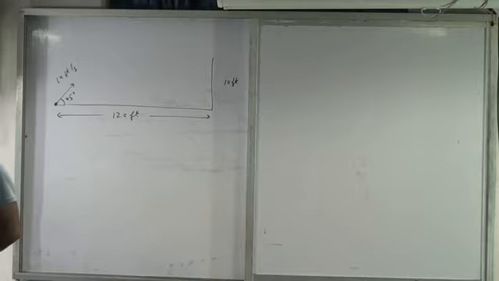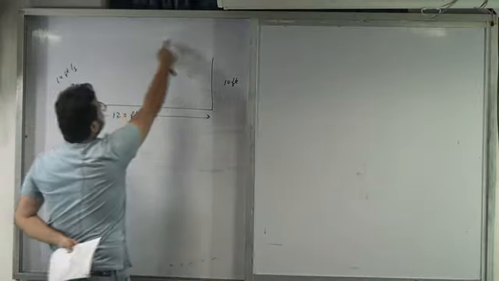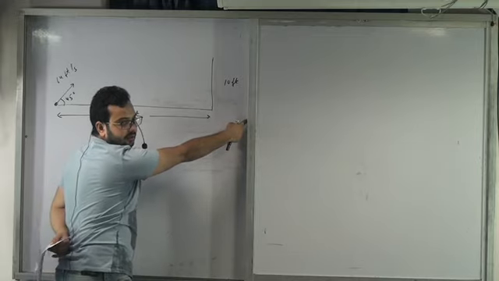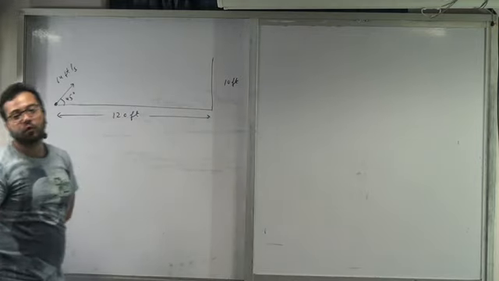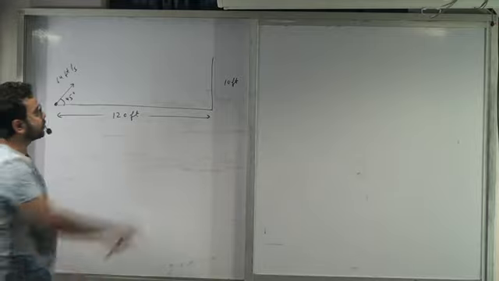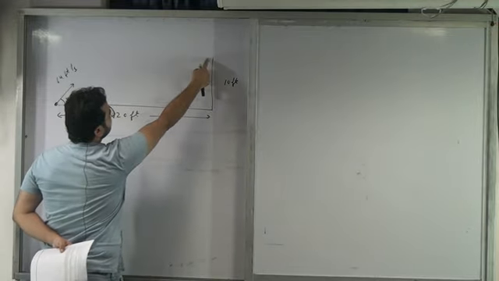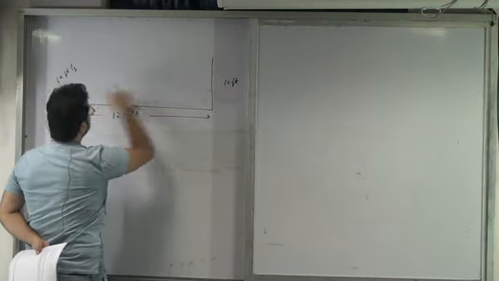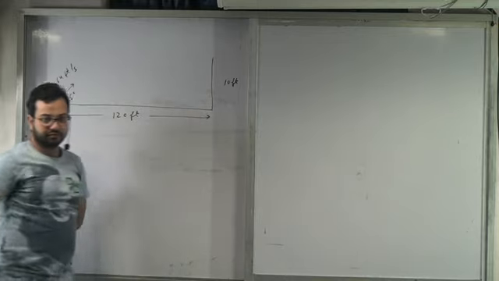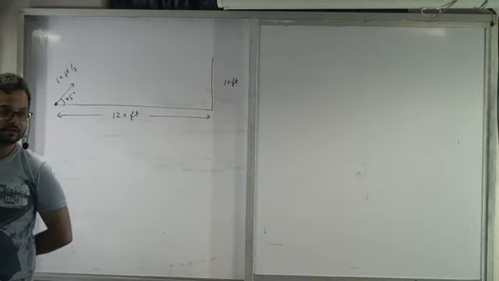Yes, you're right. So what can happen? It can go like this. If a goal is being scored, the ball should be either here, or here. What do you understand?